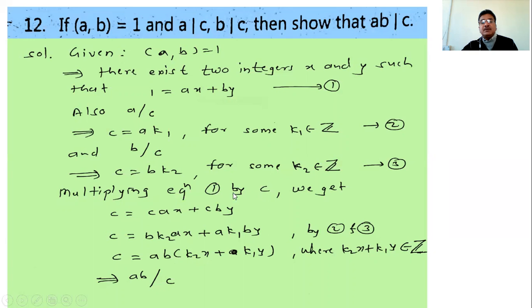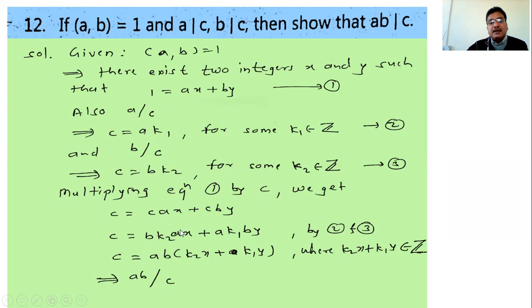So multiplying equation 1 by c, what do we have? c equals cax plus cby. And then write this value of c as bk2 here, and the value of c as ak1 there. Don't write both ak1 and bk2 in the same place. ak1 and bk2 are both values of the same c, but here write the value of c in terms of bk2.